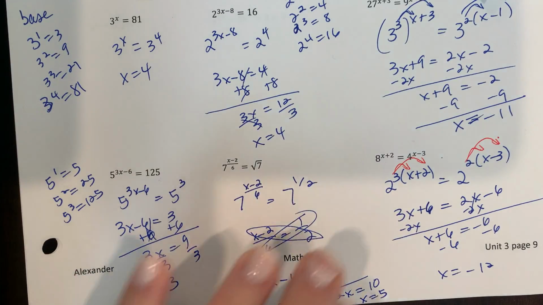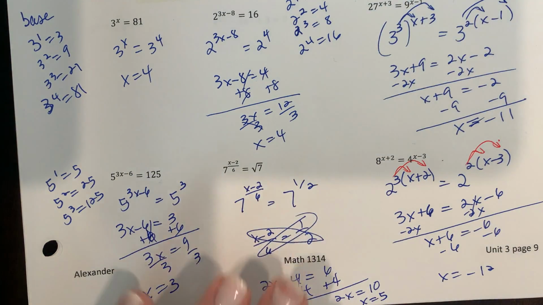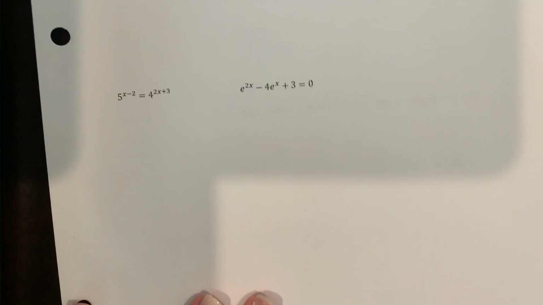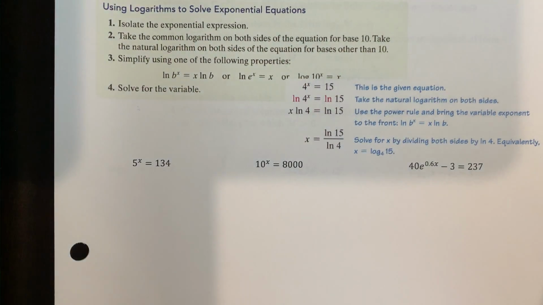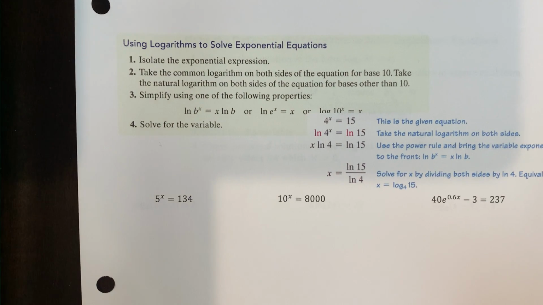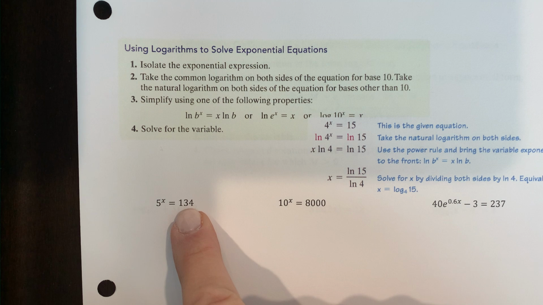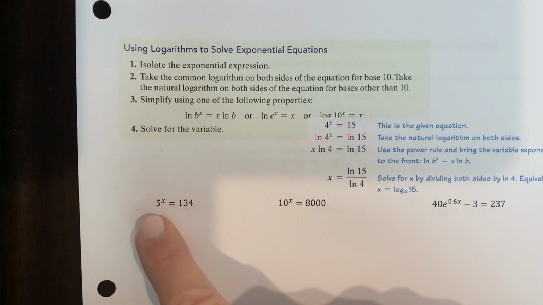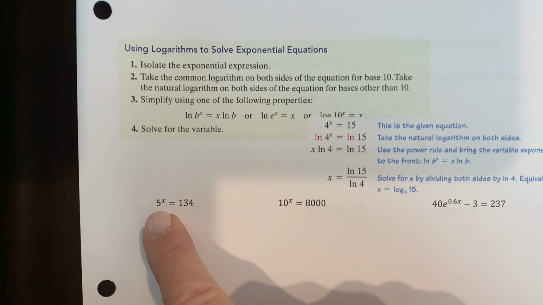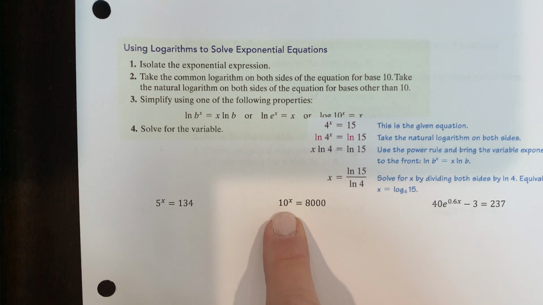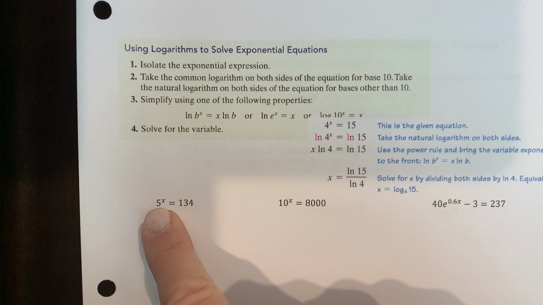Okay. Then on the very next page, I'm going to do at least 2 pages together. It says using logs to solve exponential problems. So now, because there's no way to rewrite 134 as 5 to some power, if I've got a base that is not 10, like this is a 10, but this one is not a 10, then I'm going to use natural logs to solve this.